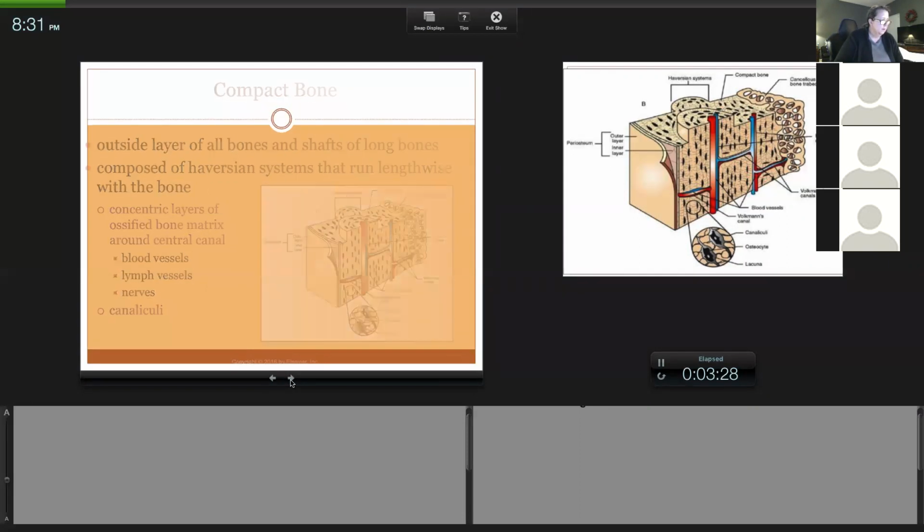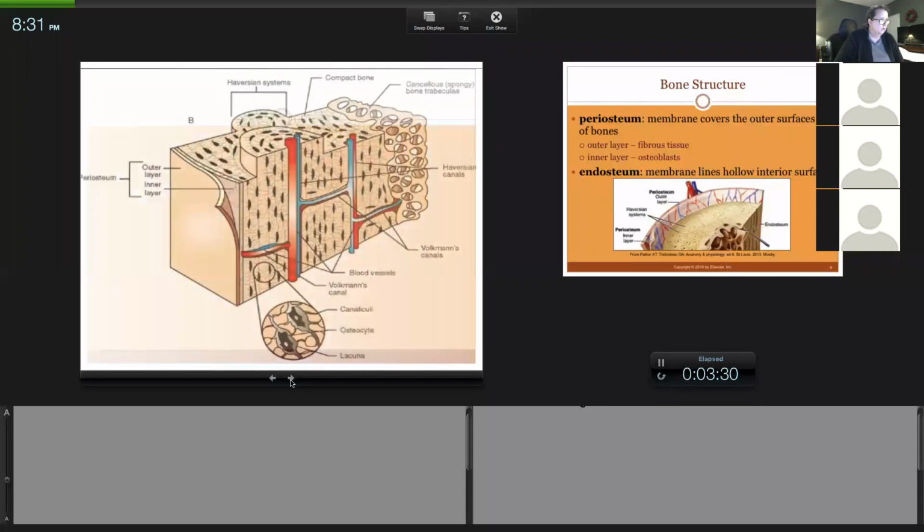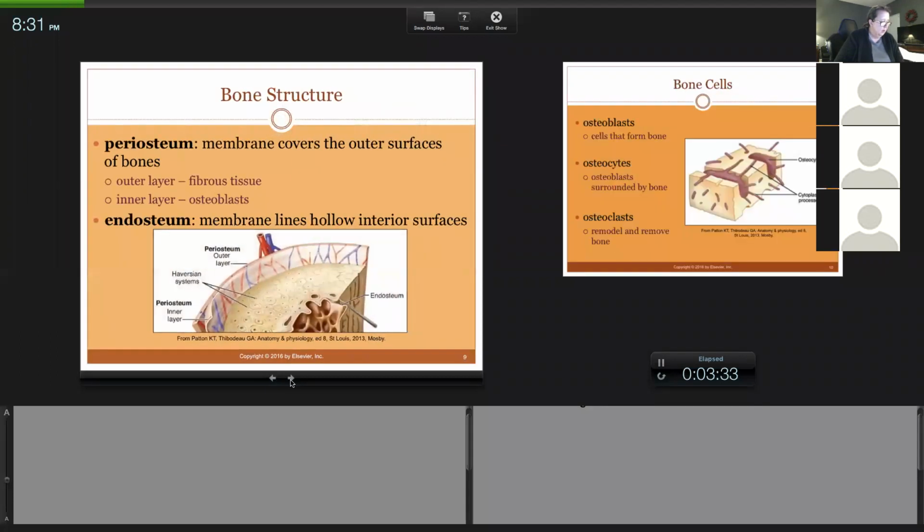So we talked about spongy, and we talked about the Haversian systems. On the study guide, number 8 asks where is the periosteum, where is the endosteum located, and what is the function? That wasn't the greatest question. The function, they are both like a lining or they protect. The periosteum is a membrane that protects the outer bone, and the endosteum is a membrane that protects and lines the inner part of a bone.